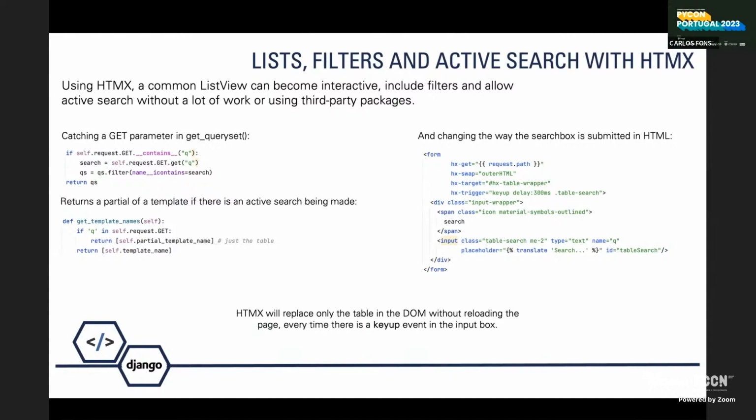It will swap the contents in the div with the ajax-table-wrapper ID. And it will trigger when we input something in the table search, in this case, that input down there with the class table-search, with a delay of 300 milliseconds, so it throttles and doesn't send a lot of AJAX requests.